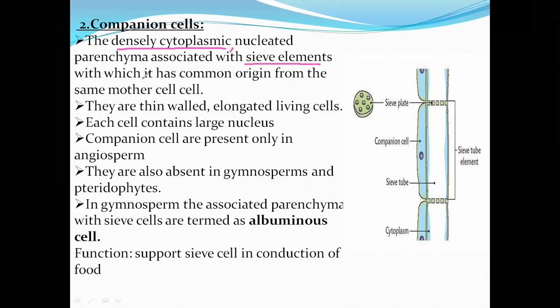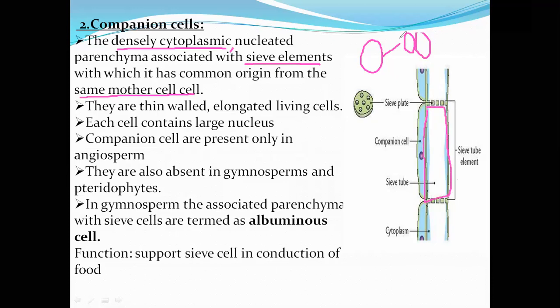That association means both the sieve element and this companion cell originate from the same mother cell. From a single mother cell, these two cells evolve: one is the companion cell, and the second is the sieve element, for example the sieve tube. You see, this is one cell in a sieve tube.